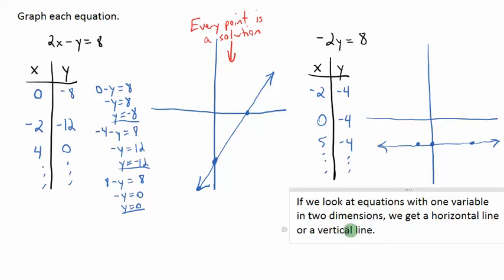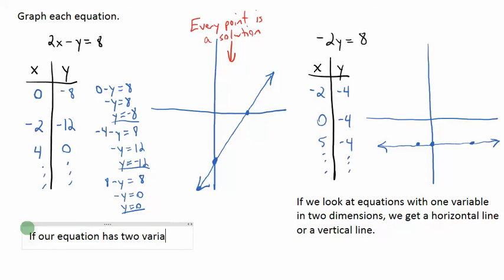So a vertical line would happen if you have x as your variable with no y. But you can see by plotting the points that it's horizontal, no problem. Over here, if our equation has 2 variables, we get a slanted line, not horizontal or vertical. All right, hopefully that helps you with linear equations in 2 variables.